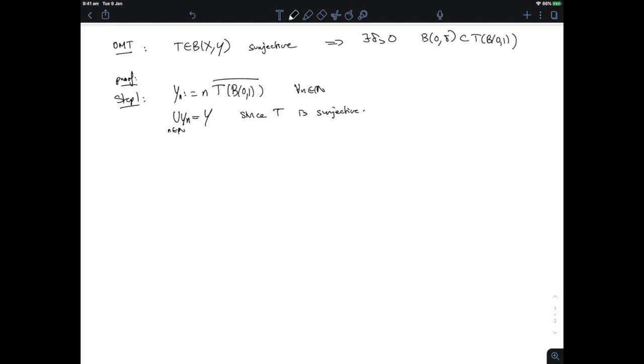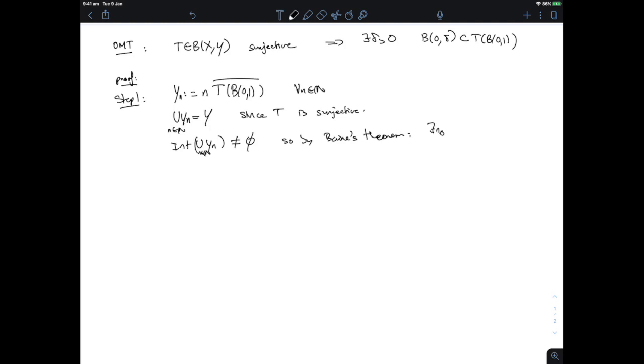So any point in Y is going to have to be T of something, and so it can be written as n times T of something. Now, if the union of the Y_n is all of Y, then it is certainly not small. So in particular, the interior of the union of the Y_n, which is just the interior of Y, which is all of Y, is definitely not empty. So by Baire's theorem, the only way this union has non-empty interior is if at least one of them does.